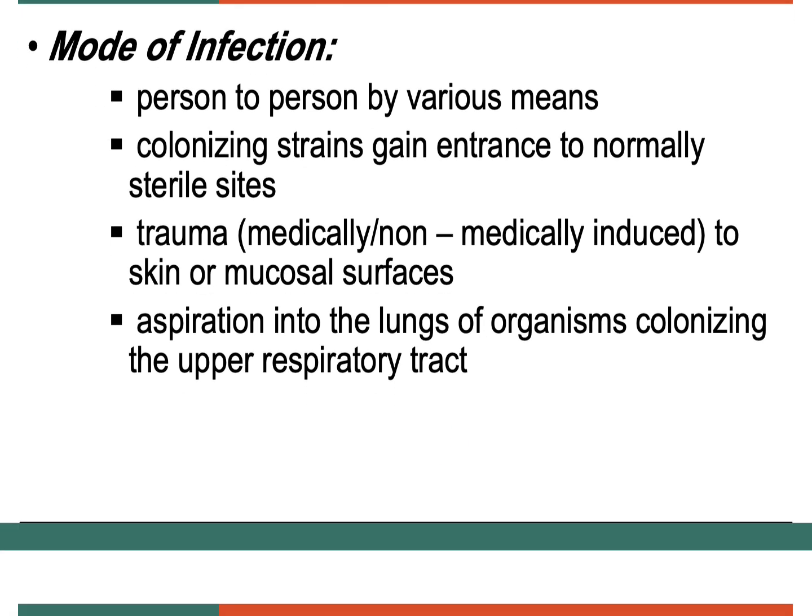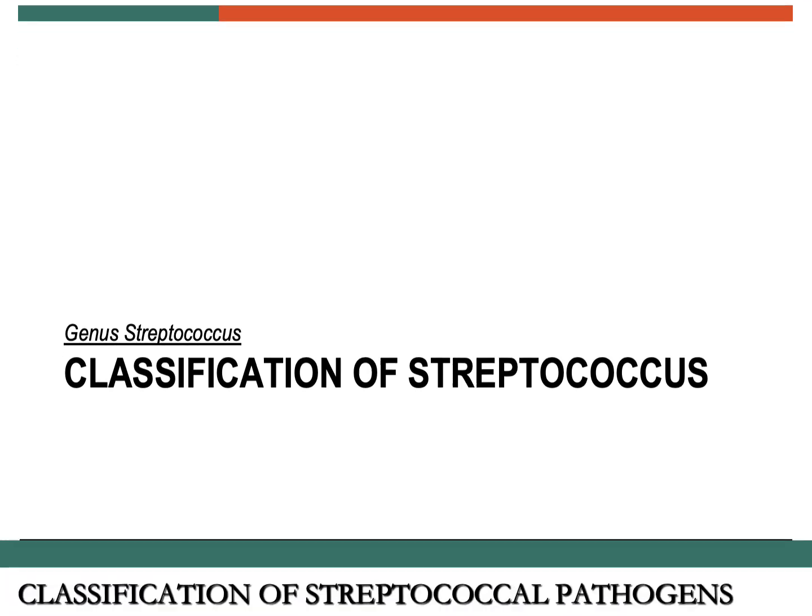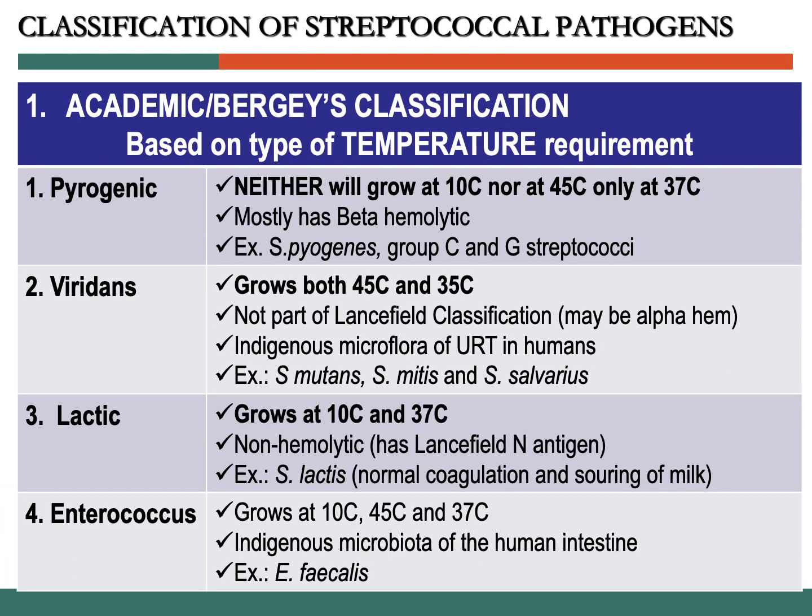So now let's go to your Streptococcus classification based on temperature. This is your Sherman or Burgess classification. So your strep are classified into four. You have your pyogenic, because these can induce fever. These organisms also elicit pyrogenic toxins.